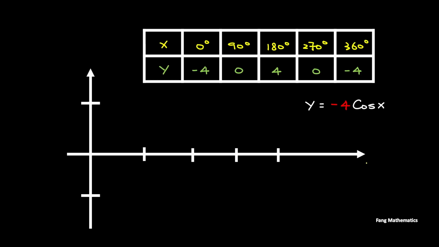Let's first label the x-axis at the intersection, that is 0 degrees with 90 degrees interval. And now we determine the mark on the y-axis. We determine the amplitude.